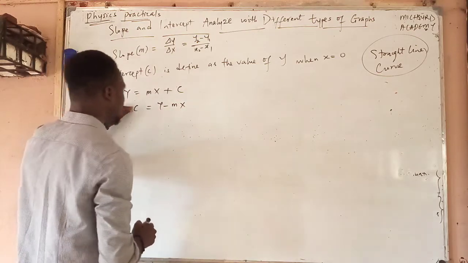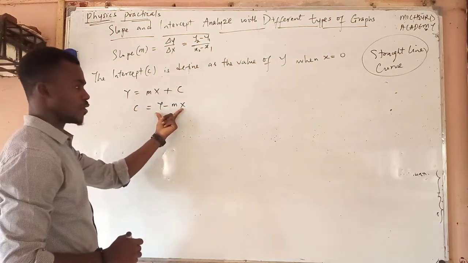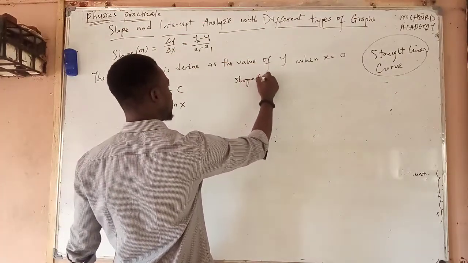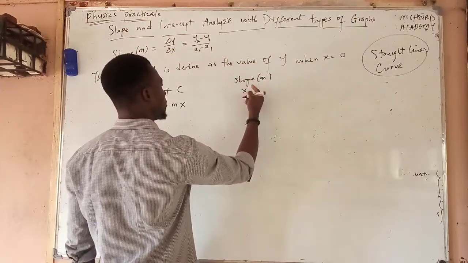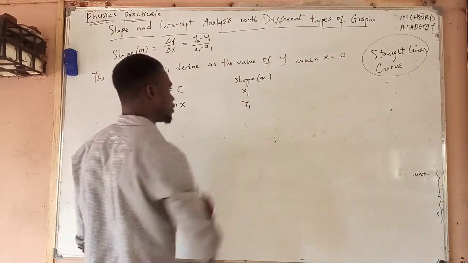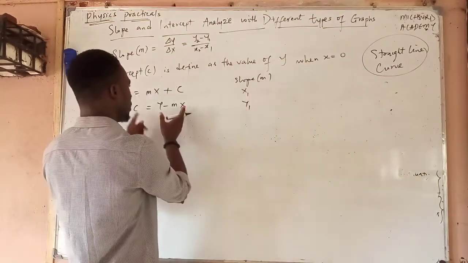So this becomes the intercept with this relation. If I know the slope given to me, and I also know a point x with respect to another point y, I can easily calculate my intercept.